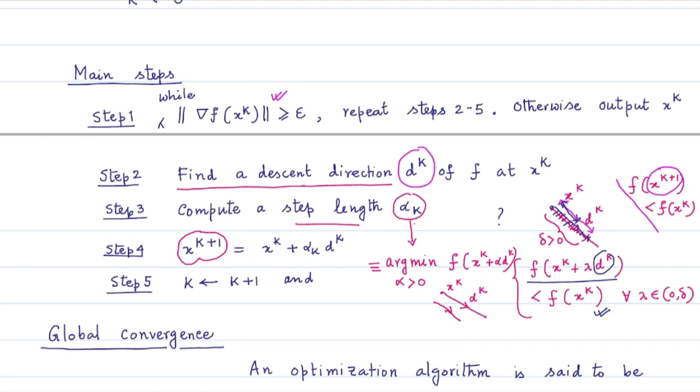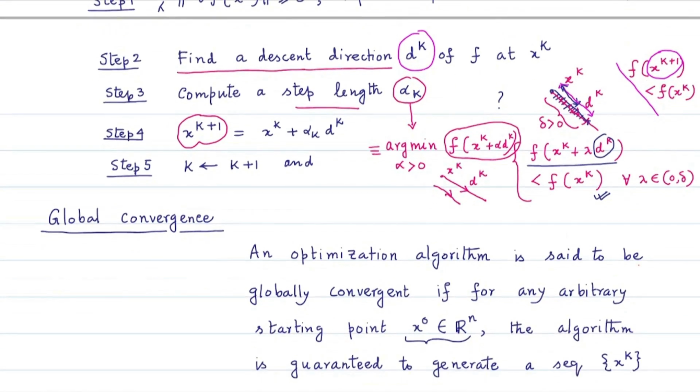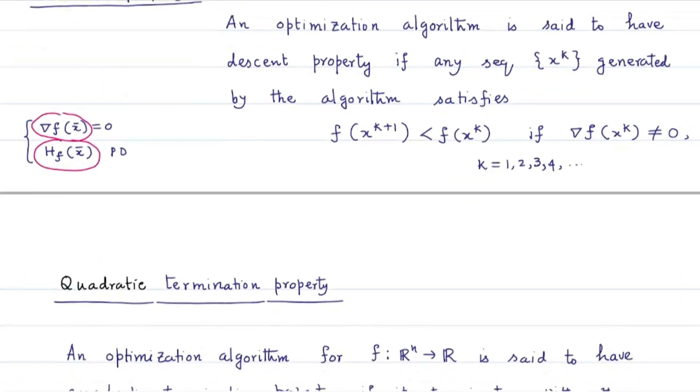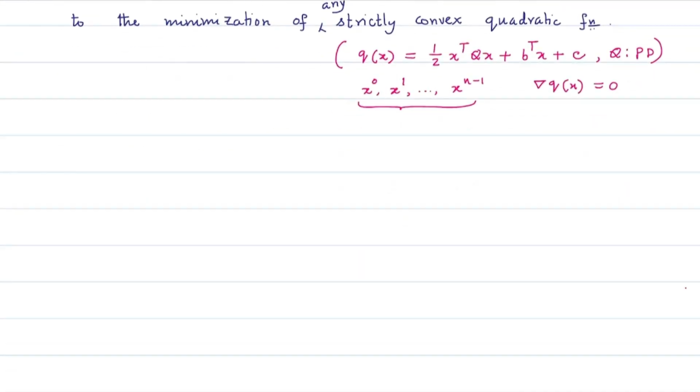We see that while identifying this alpha k, we are actually identifying a minimizer of a function of one variable along the line dk, and therefore optimization of one variable functions is commonly referred to as line search. Let me write out here this line search.